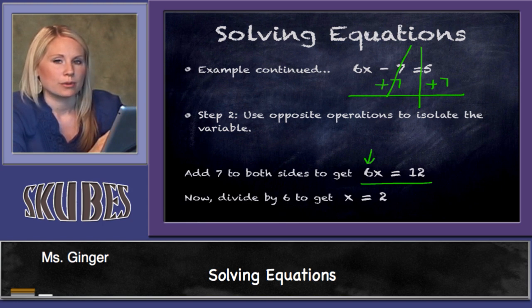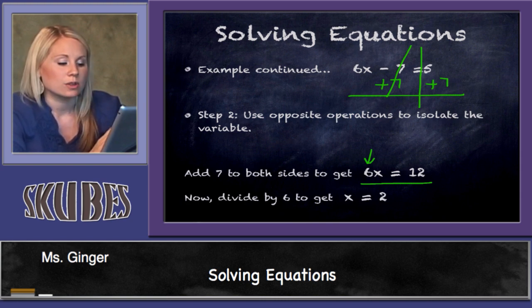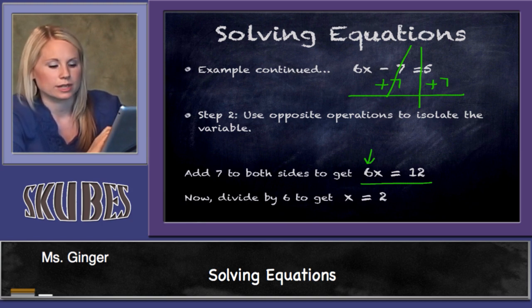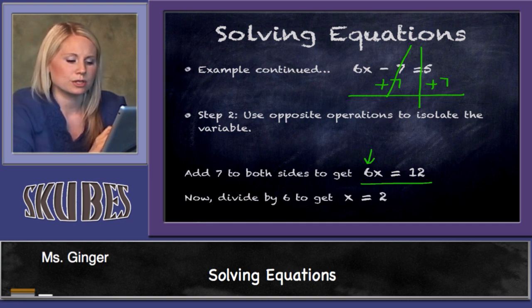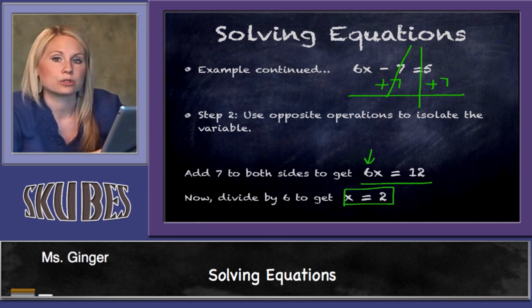So, opposite operations. We have 6 times our x. Anytime a number is attached to a variable, that operation is multiplication. So, the opposite of that is division. So to get rid of that 6, I'm going to need to divide it out from both sides. So once we do that, 6x divided by 6, and then my 12 divided by 6, I will be here at x equals 2.